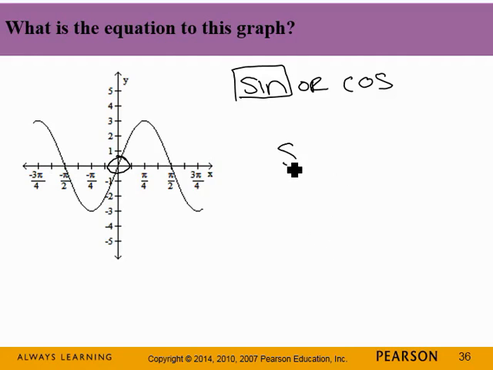So you have sine something. My max is at 3 and my min is negative 3. So you have to have 3 times 1. Since that makes it higher, you're going to have 3 sine, and then it's going to be bx.